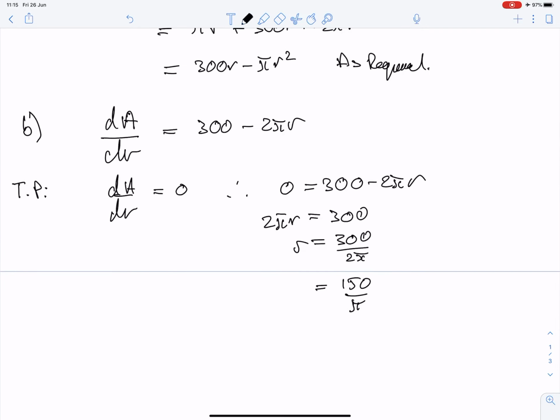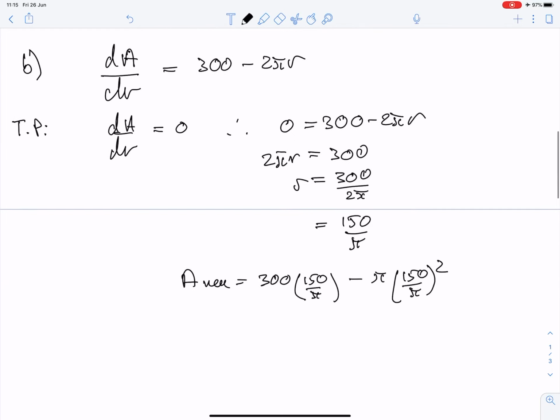We're not justifying it's a max, so we can be pretty sure it's a max. Area is equal to 300 lots of r, so 300 lots of 150 over pi, minus pi times (150 over pi) squared.